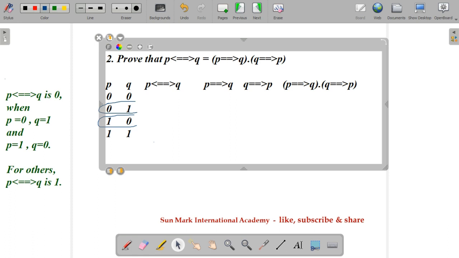For other pairs it is 1. So for 0 and 1, it is 0. For 1 and 0, also 0. For others it is 1. So 1, and the last value also 1.